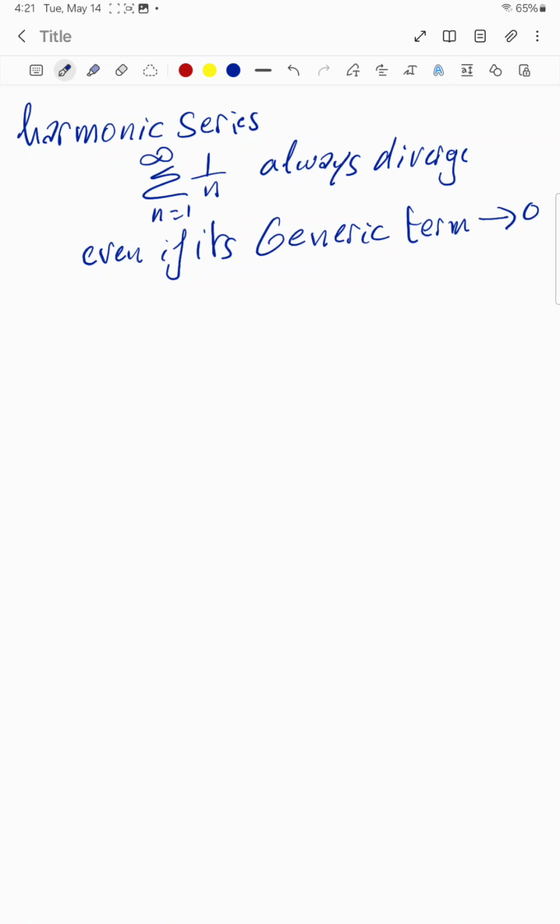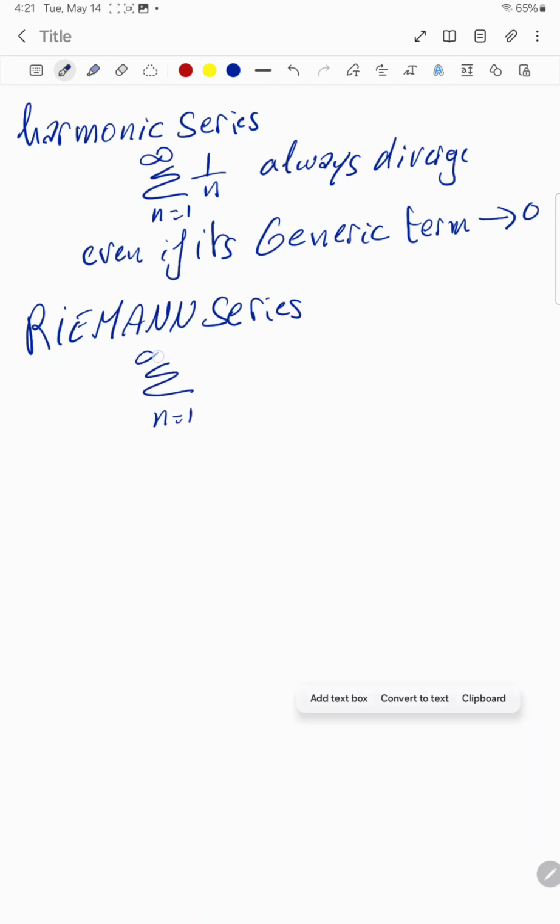Let's talk about the Riemann series. The Riemann series looks like this: the sum from n equal 1 to infinity of 1 divided by n to the power of p.